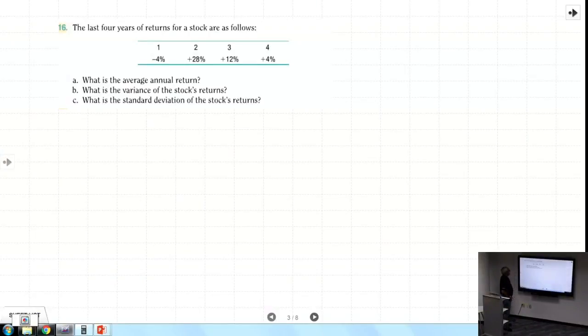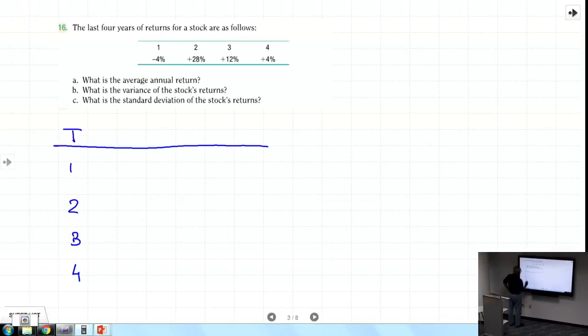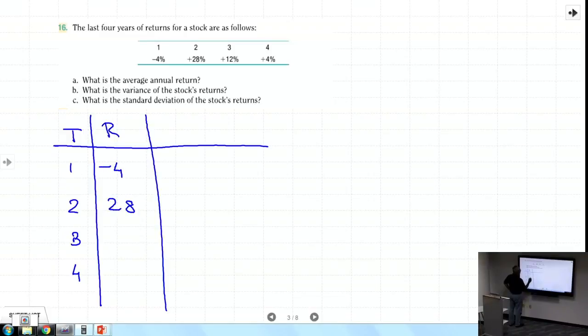Problem number 16, how to calculate average annual return and variance and standard deviation. So this is a time series distribution, so we can convert this into a table. So time is 1, 2, 3, 4. For that time period, we have returns of -4, 28, 12, and 4. From this, I can calculate my average return.